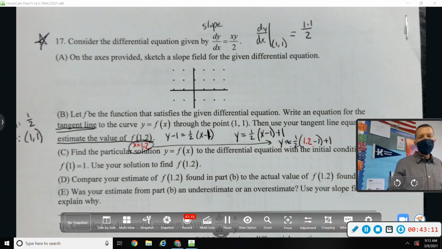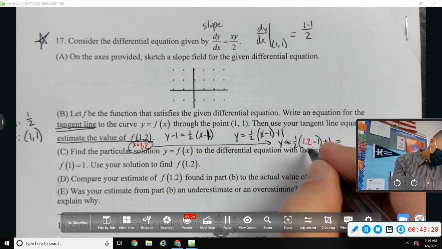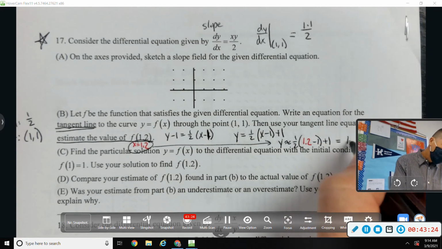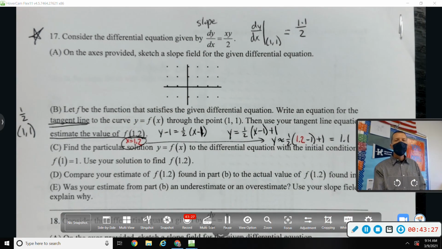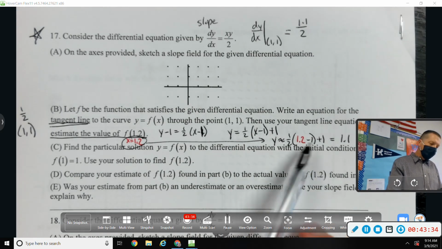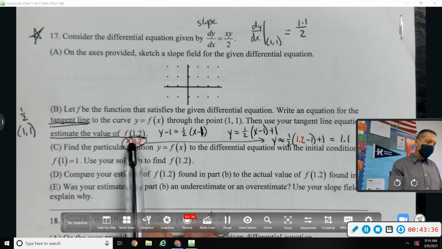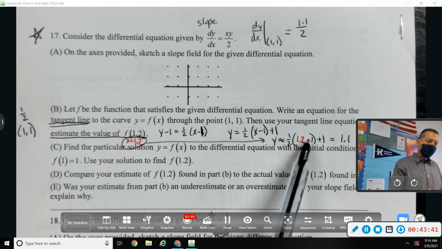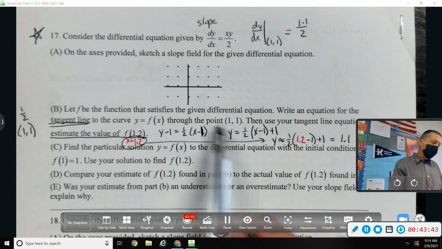And in fact, you could stop there and leave it exactly like it is. But 0.2 divided by 2 is 0.1, plus 1 is 1.1. This is estimating values that are close to points we know if we also know the slope. There's a fancy name for that. There's a whole lot going on that you can use that for.